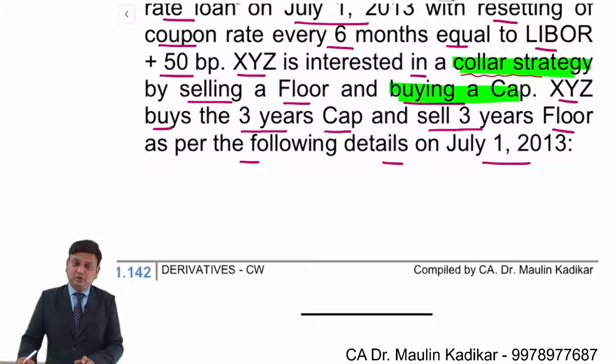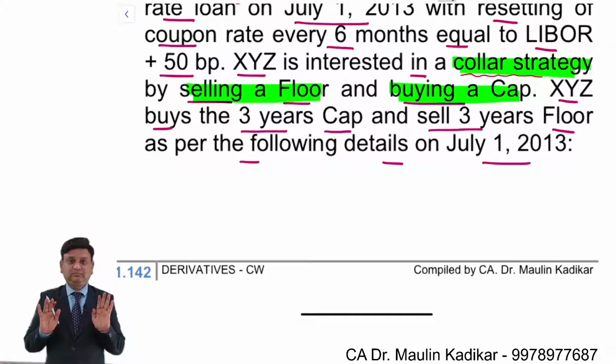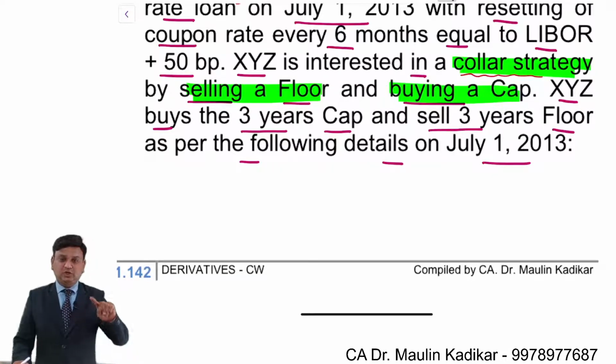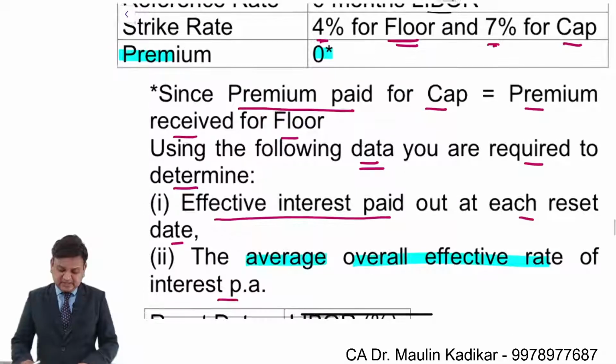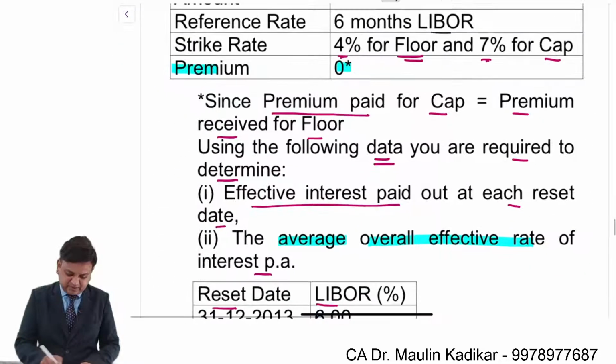So in order to cover the cost, you simultaneously sell a floor so that you will be able to save the premium. When you sell the floor, you receive the premium, and that premium will be paid for purchasing the cap. That is the reason over here the premium amount is given as 0.